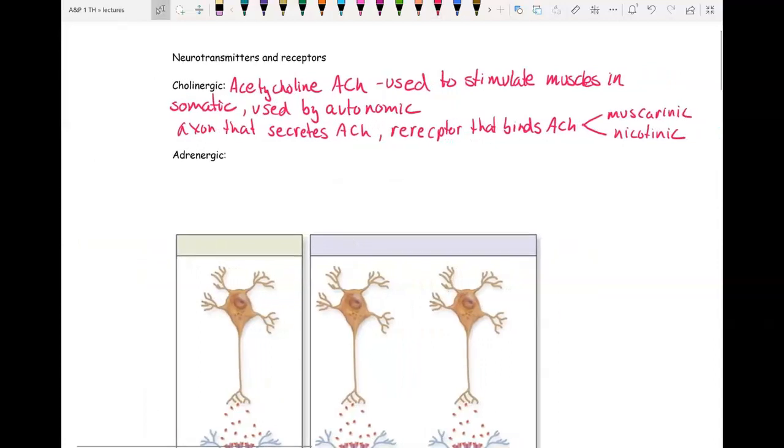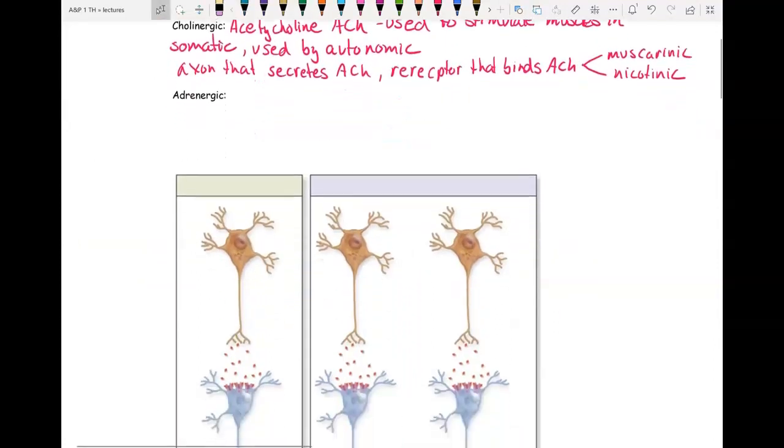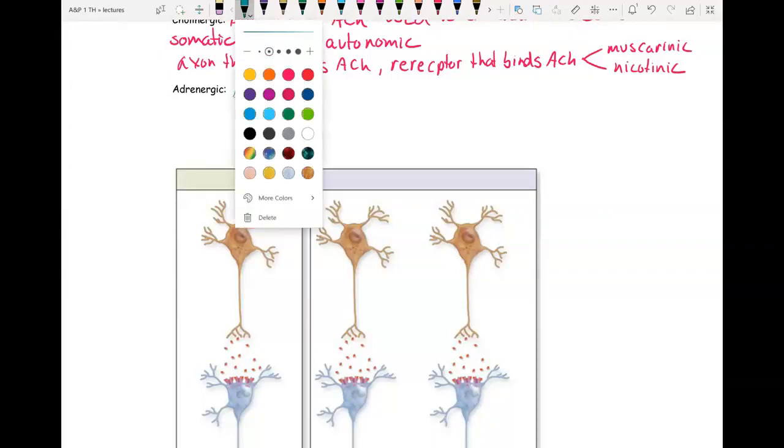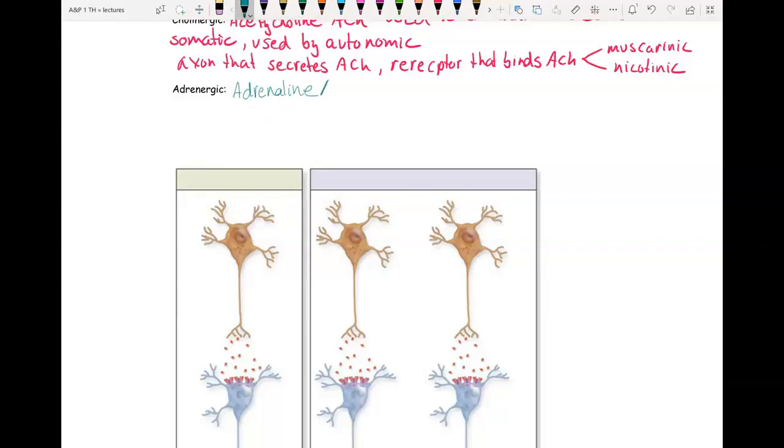Then adrenergic refers to our other neurotransmitter. This one we have a few different names. Adrenergic is for adrenaline. Another name for adrenaline is epinephrine.